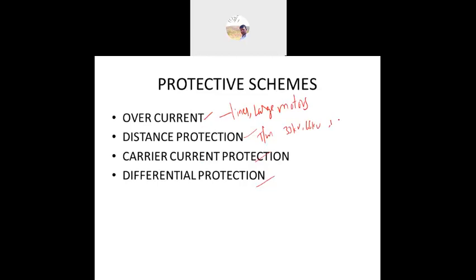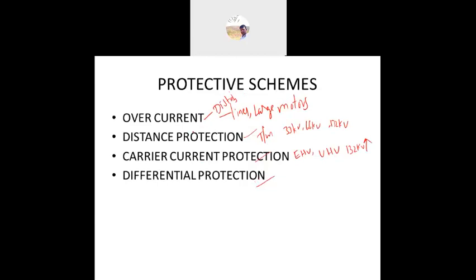The carrier current protection scheme is used for the protection of EHV and UHV lines, extra high voltage and ultra high voltage lines. Generally, whatever lines are 132 kV and above will go for carrier current protection.